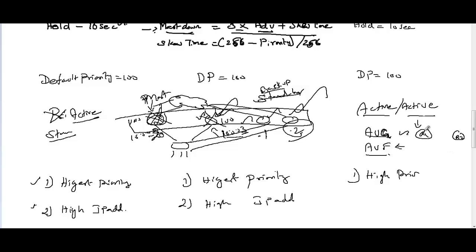So to select AVG, you need the high priority router, or if there is a tie, the highest IP address. But AVF will be there on both the routers. What is AVF? Active Virtual Forwarder.